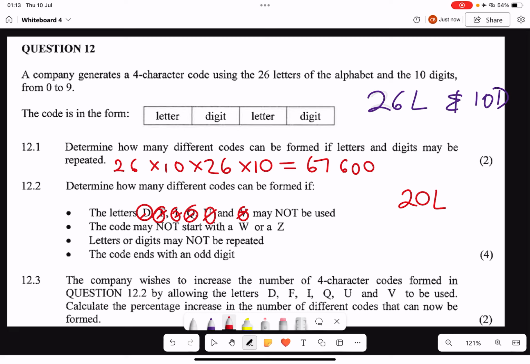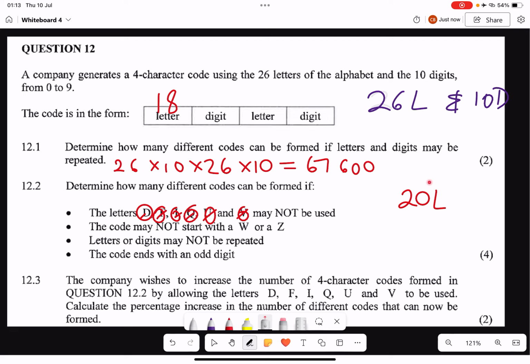So we have 20 letters and 10 digits so far. The code may not start with W or Z, which means we can only have 18 options on the first part. Out of this 20, we take W and Z out, which means the first letter choices are 18 letters.